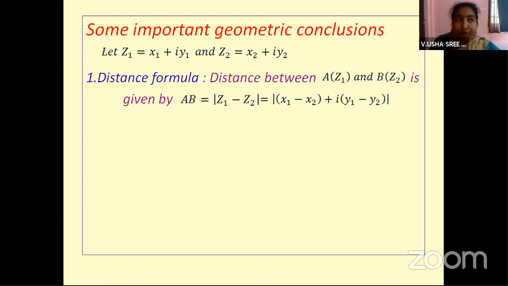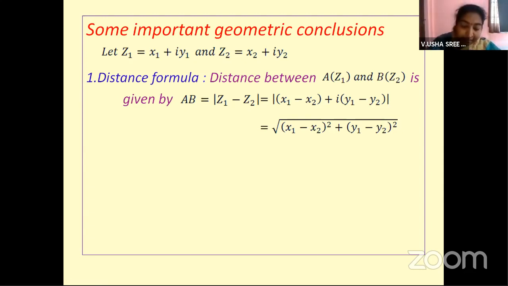Okay. Now, what is modulus? Root of the square of the real part plus the square of the imaginary part. So you have it as root of (x1 minus x2) whole square plus (y1 minus y2) whole square, which is nothing but the distance formula when 2 points are given to you.